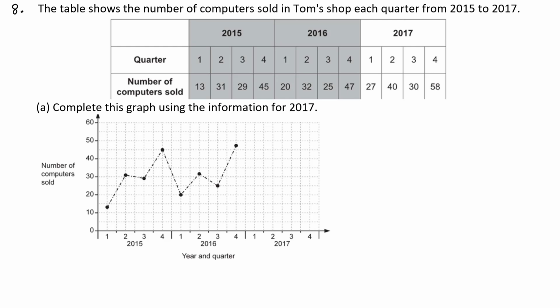Anyway, we need to plot these numbers on the end then, don't we? Quarters 1, 2, 3, and 4 at these values: 27, 40, 30, and 58. We just need to add those onto the diagram in exactly the same way as they have been for the other ones. So the first quarter is 27. Now notice the number of computers at the side here are going up in 10s: 0, 10, 20, 30, and we've got one division in between.